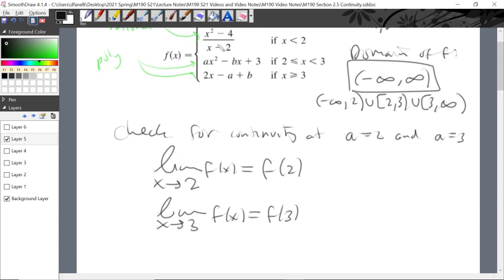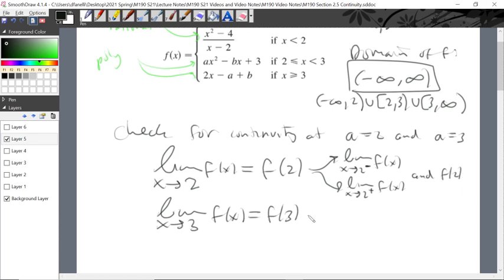Alright, so let's start with the limit as x approaches 2, okay, of f of x. Well, that means we should check the limit as x approaches 2 from below, from the left of f of x, and we should check the limit as x approaches 2 from above of f of x, and of course check also what is f of 2.